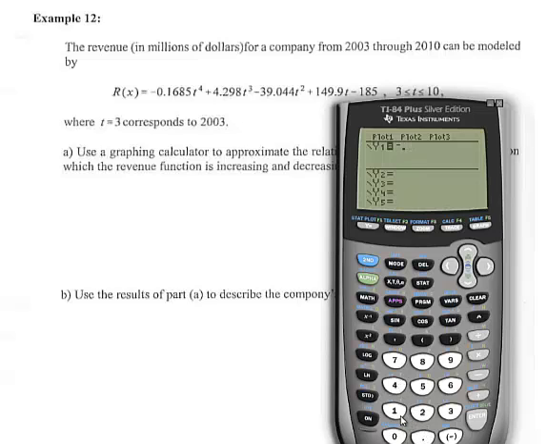Our first term is 0.168 x to the fifth, plus 4.298, and instead of t we'll use x to the third, minus 39.044x squared, plus 149.9t, and again x in the place of t, minus 185. Enter and graph.